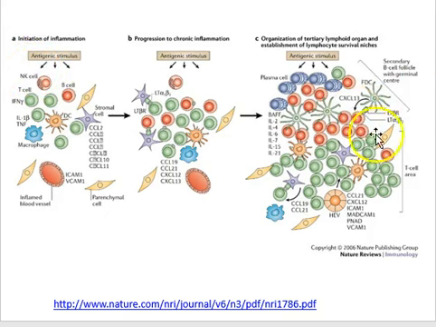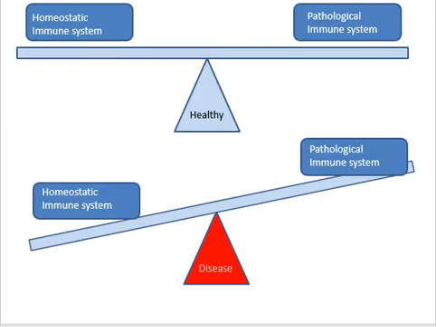All right. And this is coming from this review paper, which is another good one. And so if any of you are interested in solid organ transplant or heme, there's a lot of cool references in here. This is my field, and so I have a lot of background material that you might find interesting. And so what we're looking at really is the balance between homeostatic immunity and pathologic immunity.